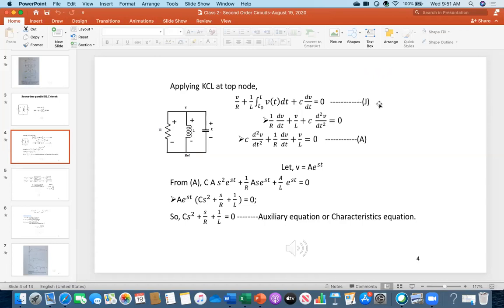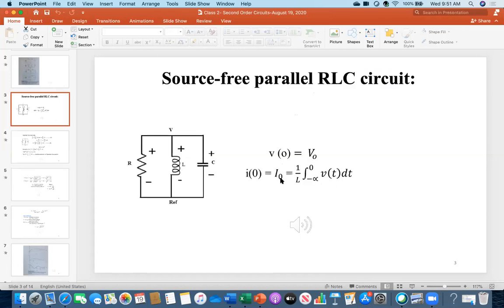So this means this equation is for any time t. But in this equation, if you put t equal to 0 time, then this means v naught over r, and then C dv naught by dt, and this term will be I naught.